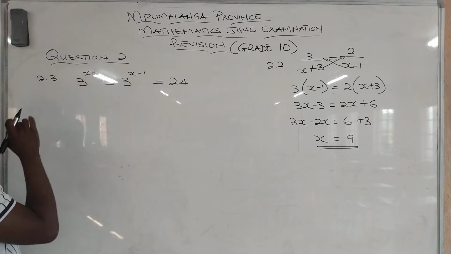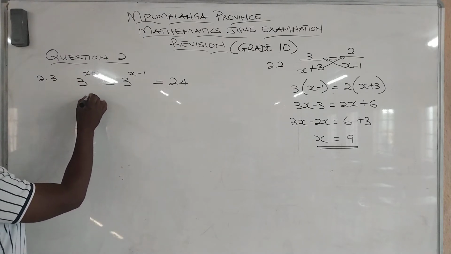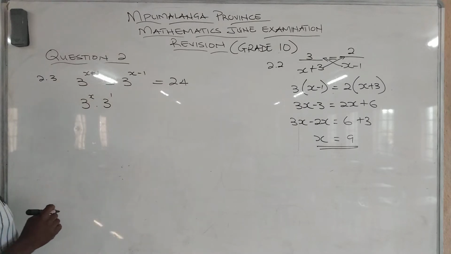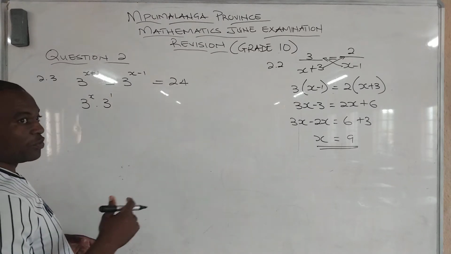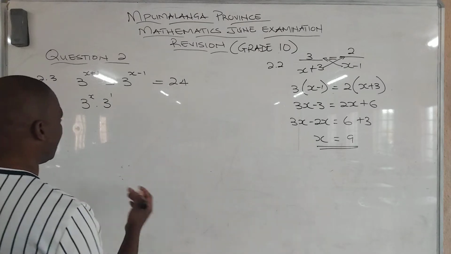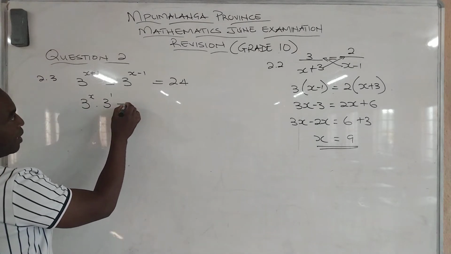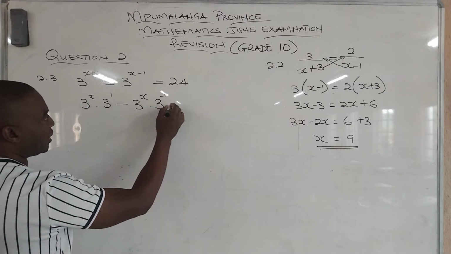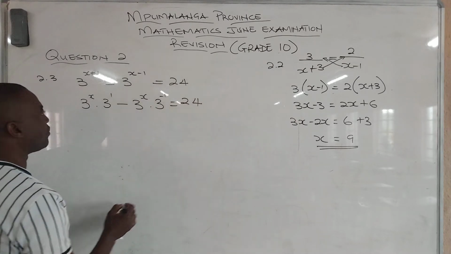So 3 to the power x plus 1 is 3 to the power x times 3 to the power 1. Remember the laws of exponents. Minus 3 to the power x times 3 to the power negative 1 is equal to 24.